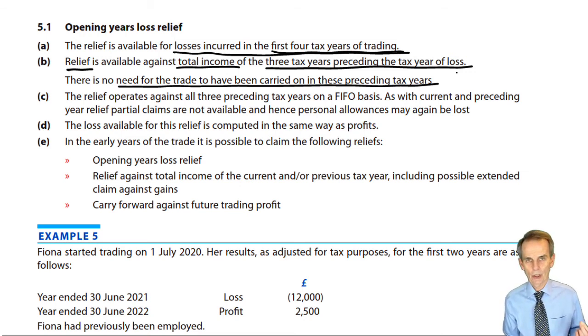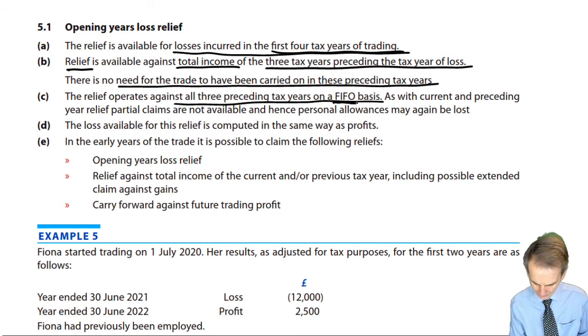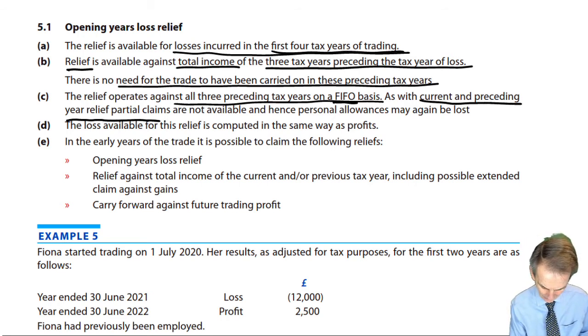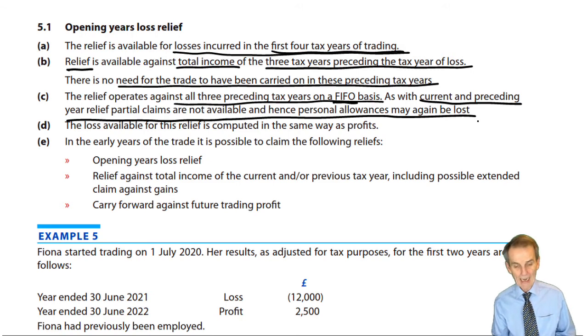Which tax year's total income do we hit first? The relief operates against all 3 preceding tax years, but on a FIFO basis. We go back to the earliest year first. As with current and preceding year relief, partial claims are not available, and hence personal allowances may again be lost.